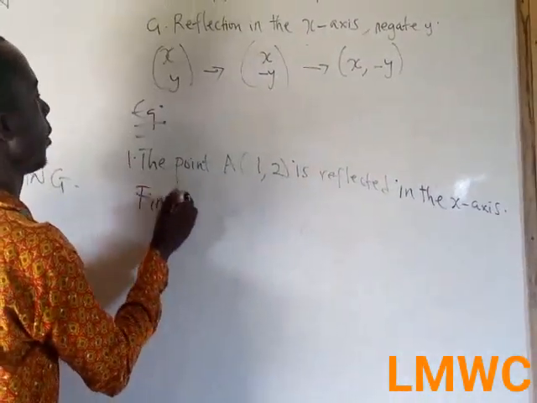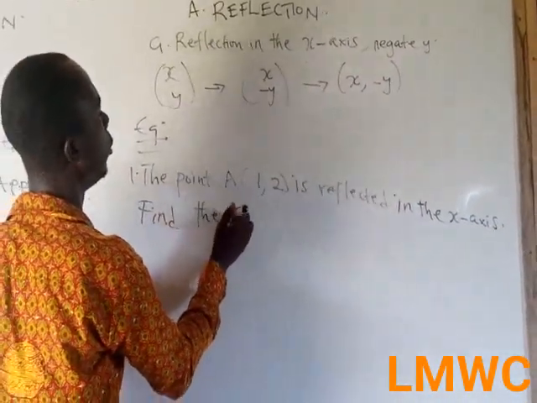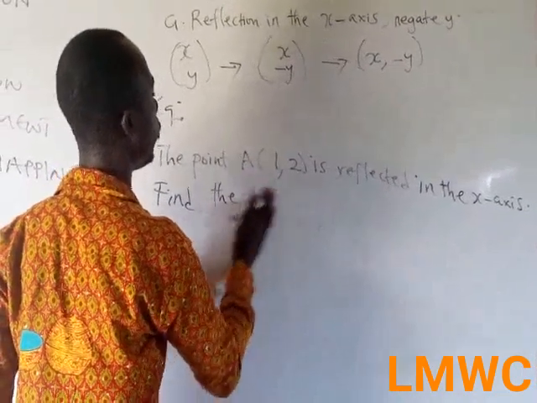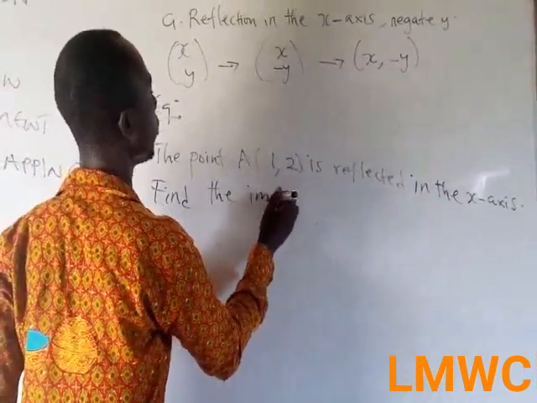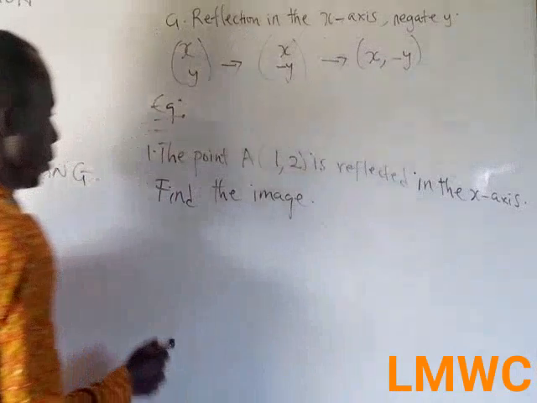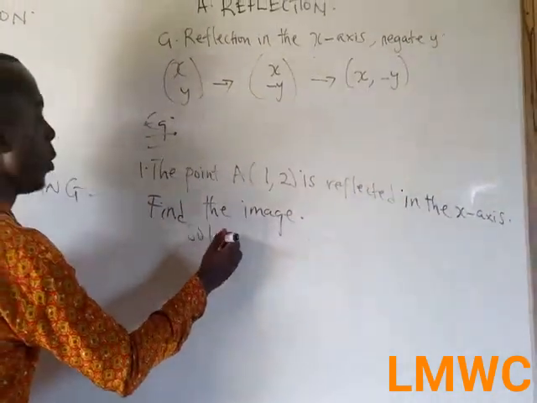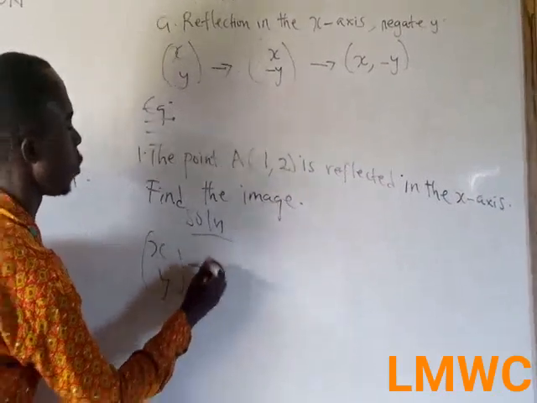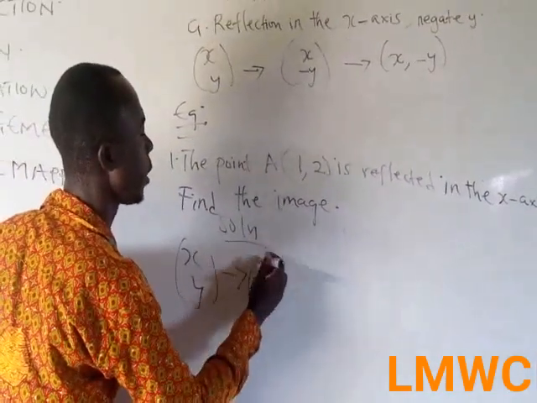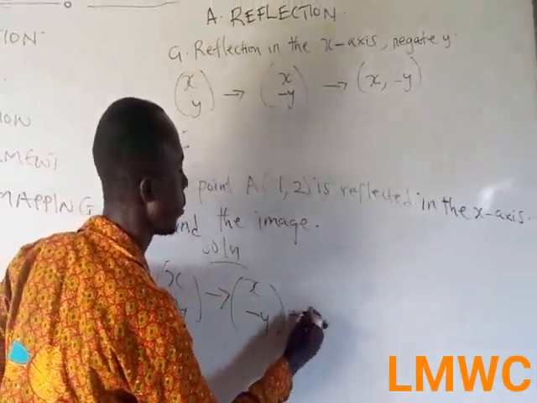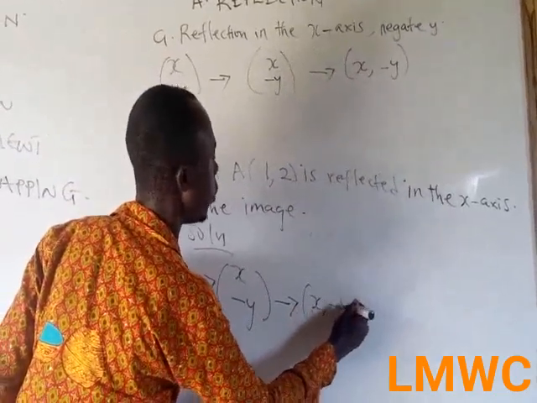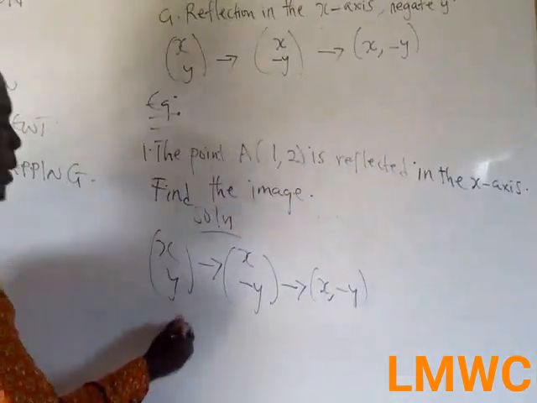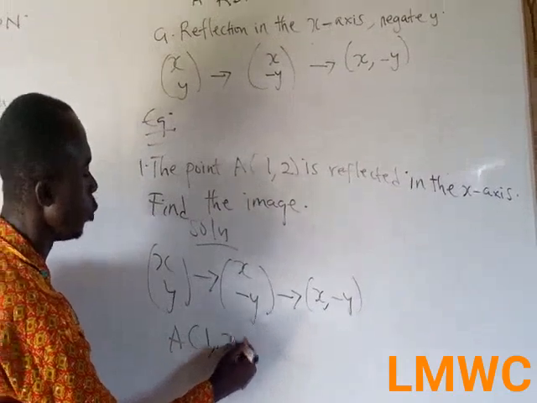Find the new image. So we know reflection in the x-axis, you negate what? Y. So it becomes (x, -y). What is the point A? (1, 2).